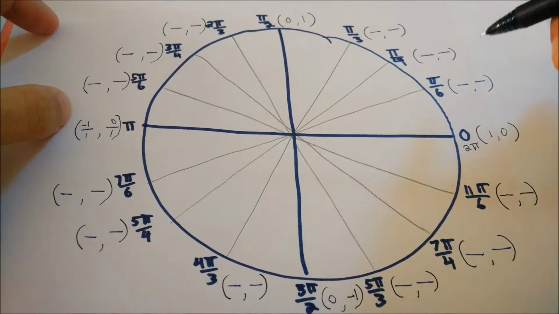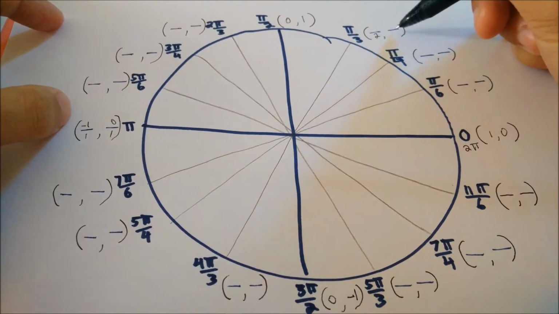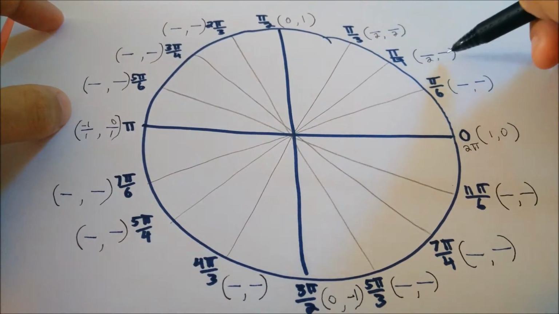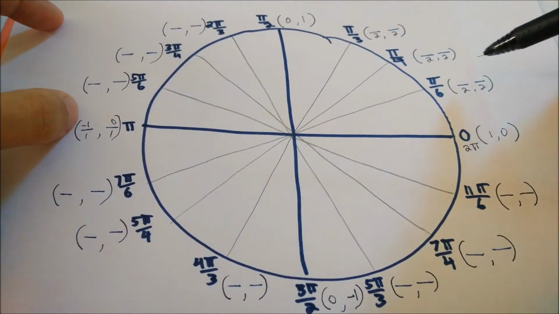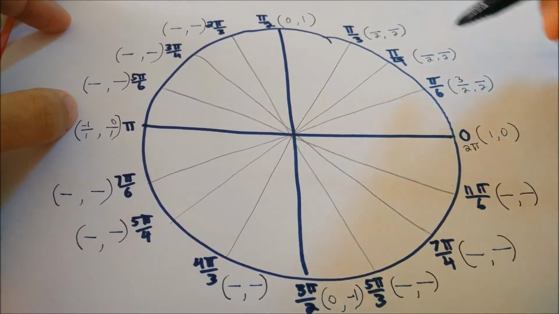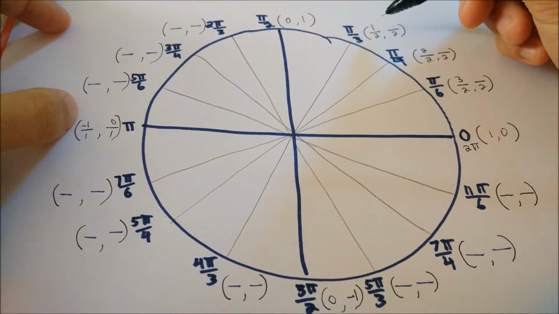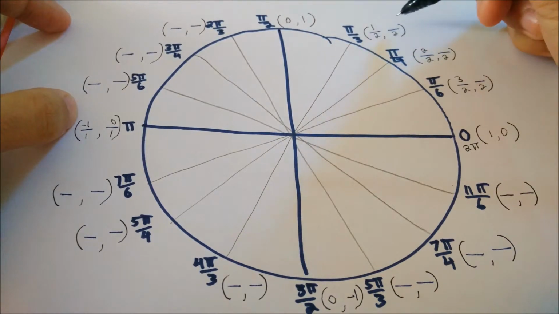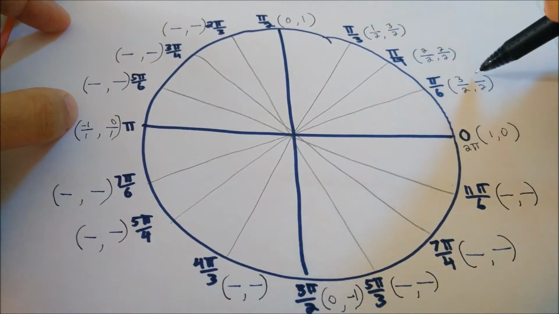How I remember it is the denominator is always 2, so I fill that in first. And then, starting from the bottom, it goes 3, 2, 1. And then once you get to the top, you start again, going back down this time, 3, 2, 1.